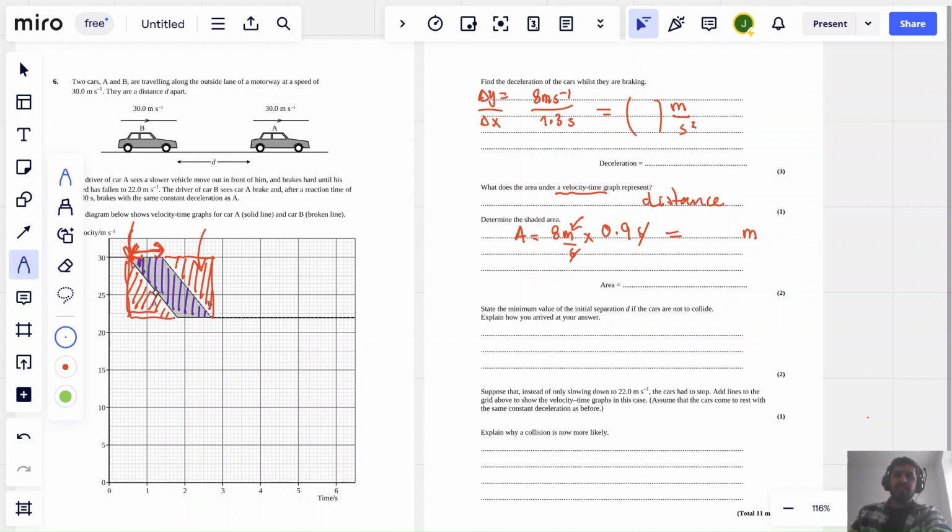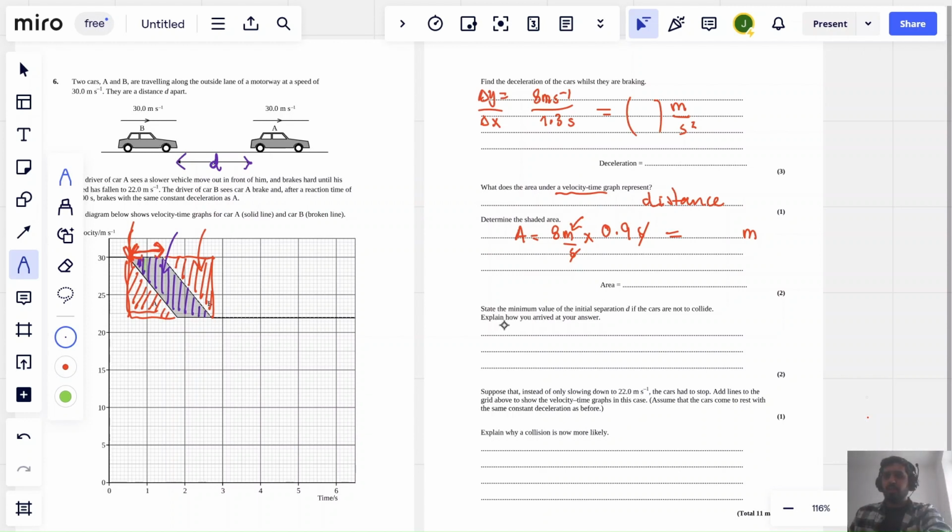Now, if the initial separation, which is d, is greater than this distance, then they will not collide. And if it is smaller than this distance, then they will crash. Car B will crash into car A, actually.